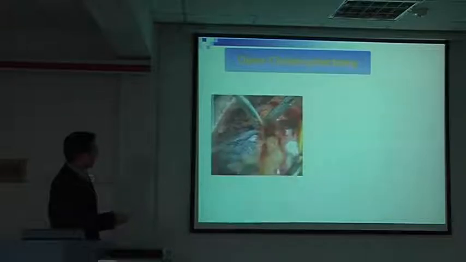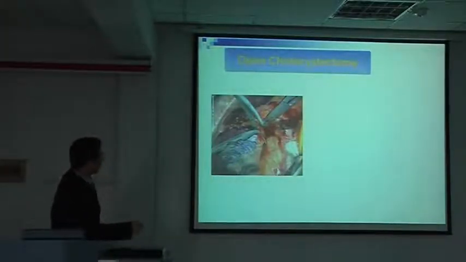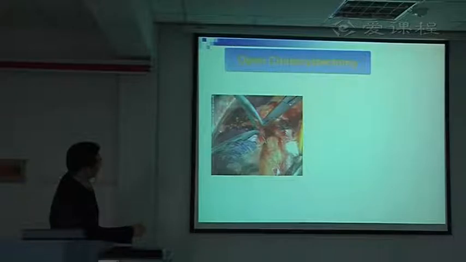For cholecystectomy, we can choose open or laparoscopy. First, I introduce open cholecystectomy. This is the gallbladder, and this is the duct. This is the common bile duct. So we can cut from here. This is very easy to do.